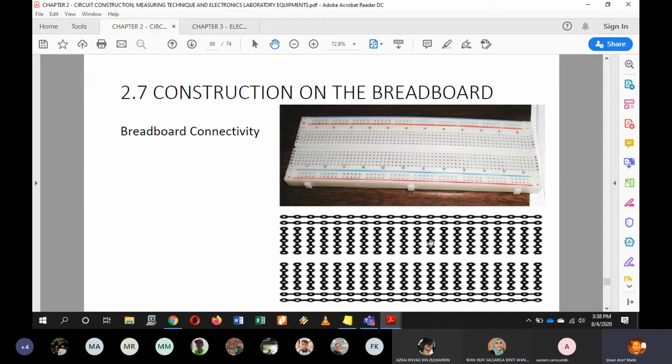Make sure you know the connectivity, how they are connected together between each of these slots. If you connect them wrongly, then you will not get the output.